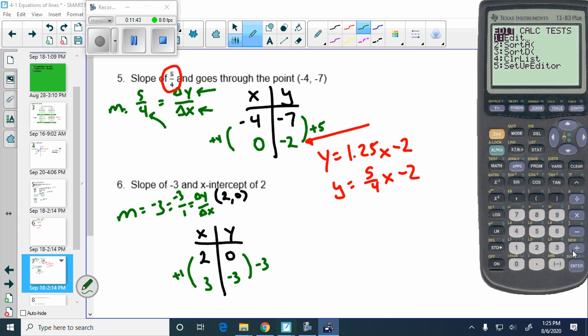Stat, edit. I've got 2 and 3 here. And here I've got 0 and -3. Then I go stat, calc, number 4. Y equals -3x plus 6.